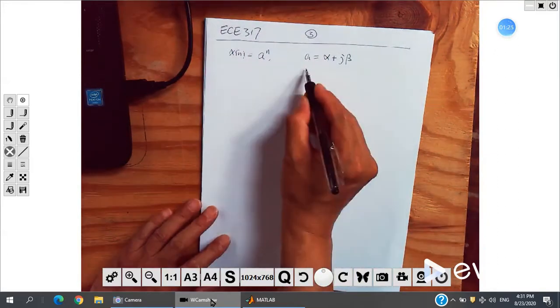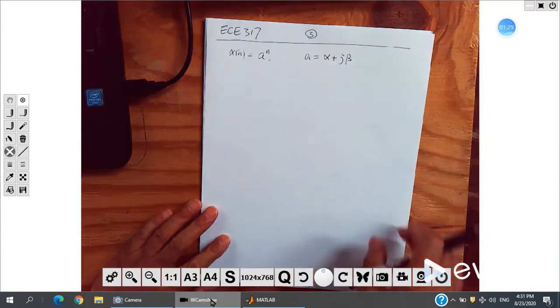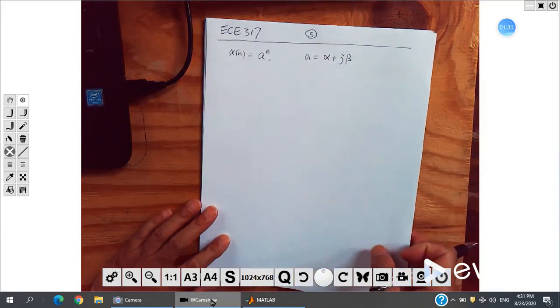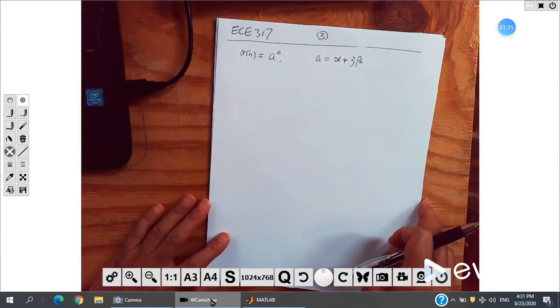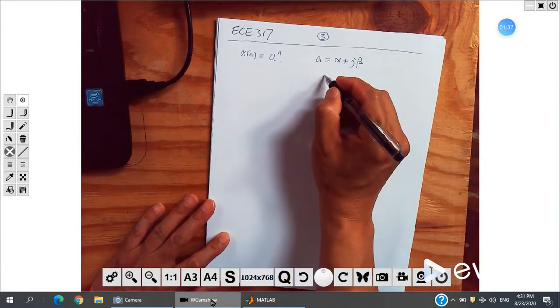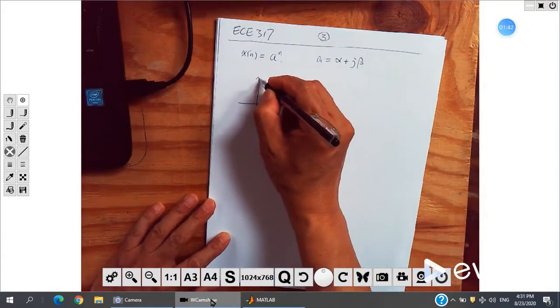So if we calculate directly this way, it is hard. However, we have another way to represent these complex numbers, which can make things simple. We use a graph to see what it is.